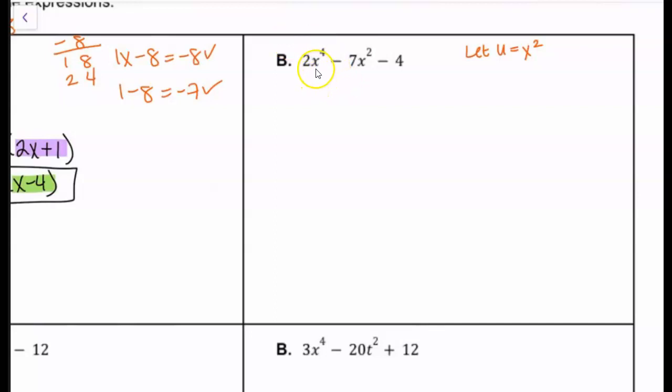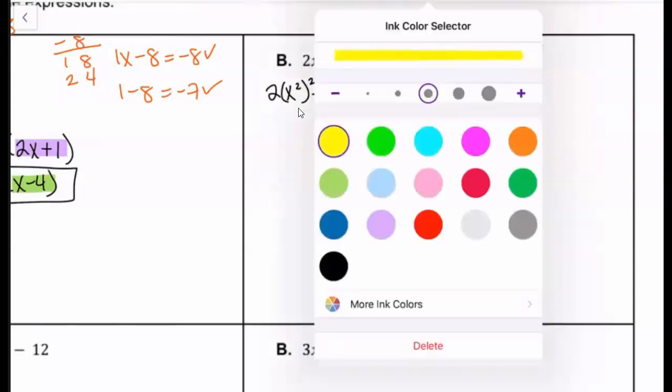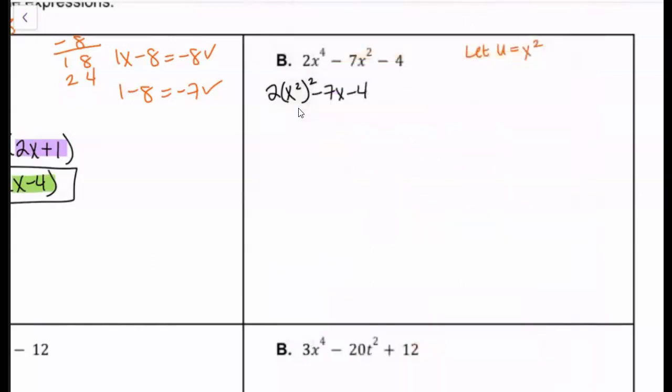And I know that x to the 4th power, and this is a bit confusing as you go through it, is just x squared squared, minus my 7x minus my 4. Well, if I say that u is x squared, well, I have an x squared here, and I didn't write it, but you also have an x squared here.